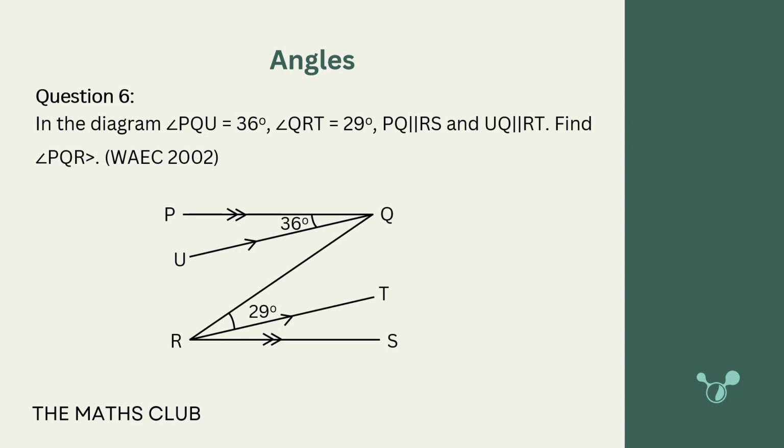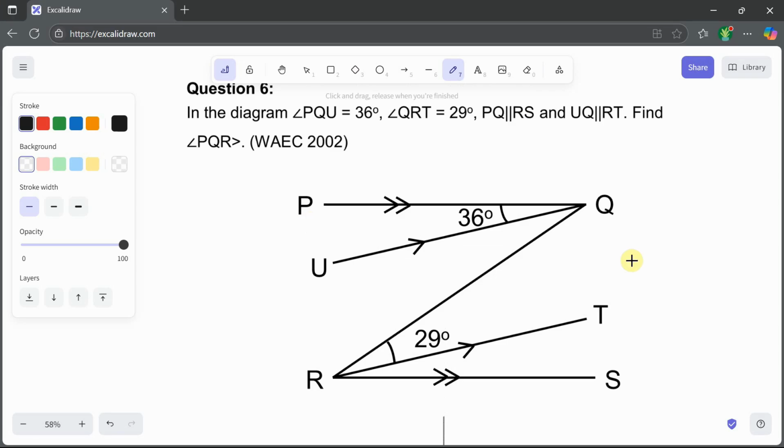Pause the video and try this out yourself. Given this, we have been given one part. So 36 plus something will give us angle PQR. But this line is parallel to this line, and this is a transversal. You can see a straight line cutting across these two, and this is a typical example of a Z. Can you see the Z here? So if the bottom right is 29 degrees, the top left would be 29 degrees.